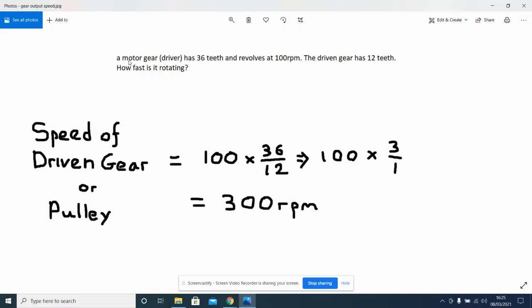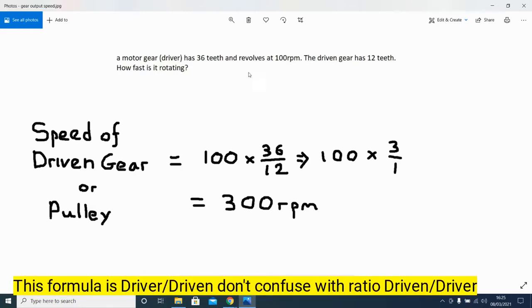So our motor gear, the driver, has 36 teeth and rotates at 100 revs per minute. And the driven gear has 12 teeth. How fast is it rotating, or what's its RPM? It's smaller than our driver one, it's 3 times smaller.